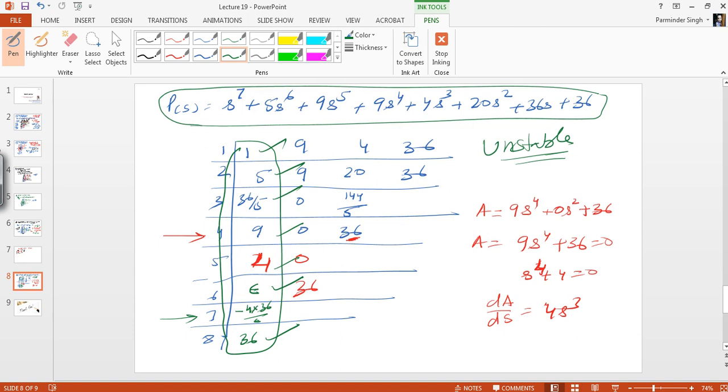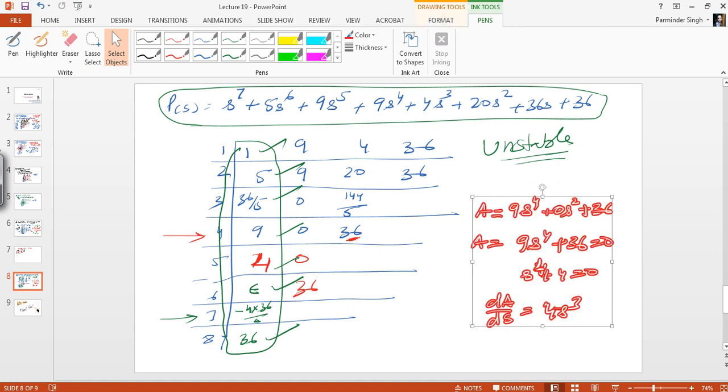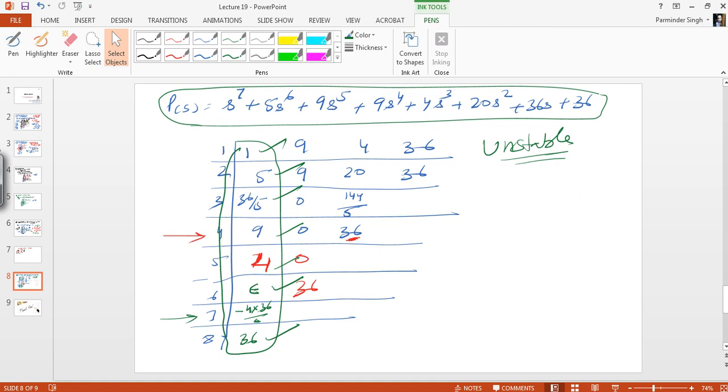But there are drawbacks to this. Now let's look at the drawbacks of Routh criteria. Number 1, it only tells us about the stability of the system.